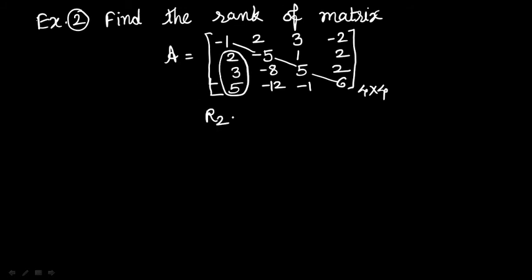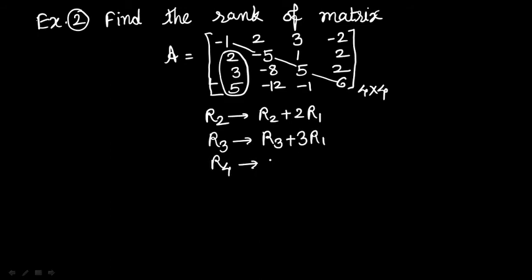R2 changes to R2 plus 2 times R1, R3 changes to R3 plus 3 times R1, and R4 changes to R4 plus 5 times R1.